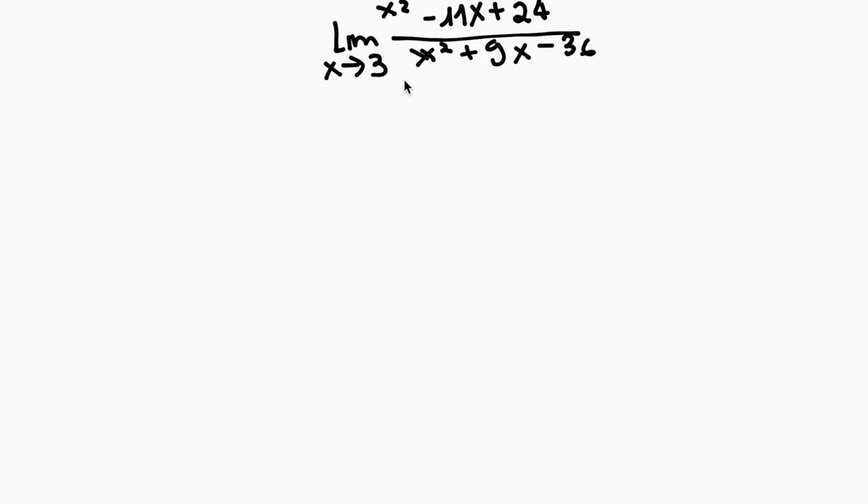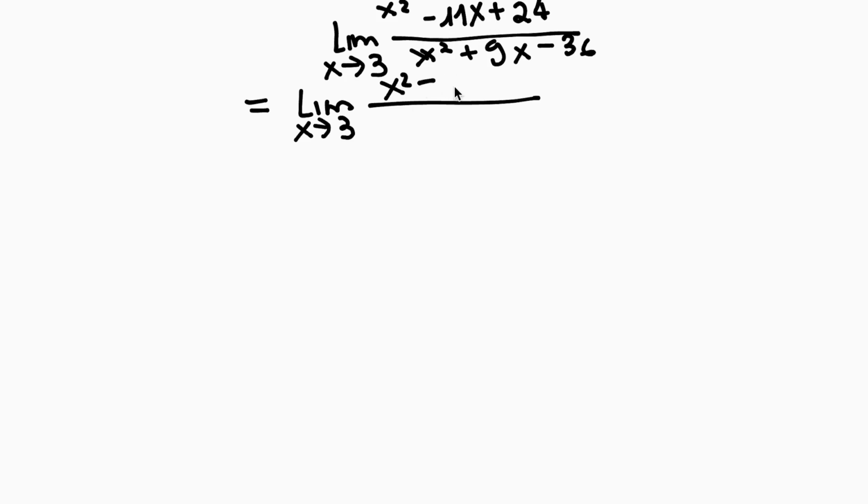And again, you can't just substitute 3 into the function. You have to find a different way. In this case, you have to factor both the denominator and numerator in order to get our limit. So I'm going to factor both numerator and denominator at the same time.